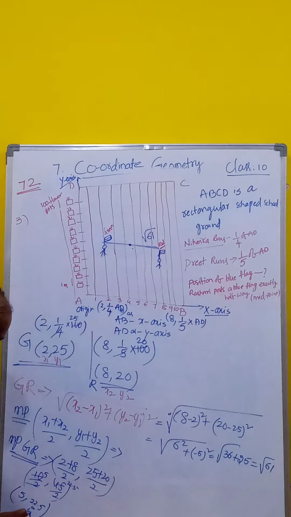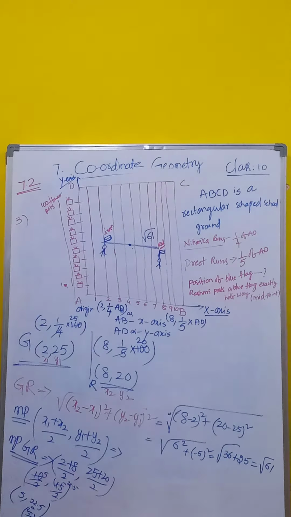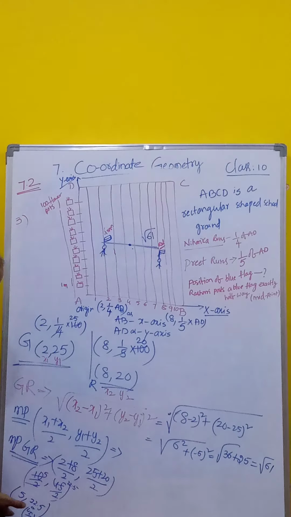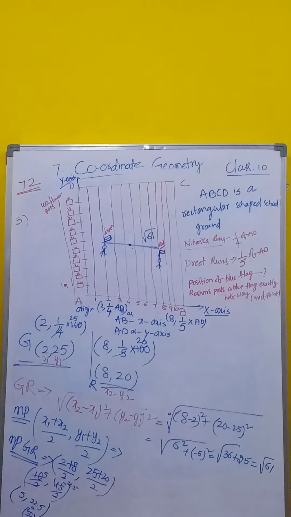This is the midpoint of GR, between the green flag and red flag. What is the middle one now? Blue flag. What are the coordinates? 5 comma 22.5. What is the distance between these two? Root 61.